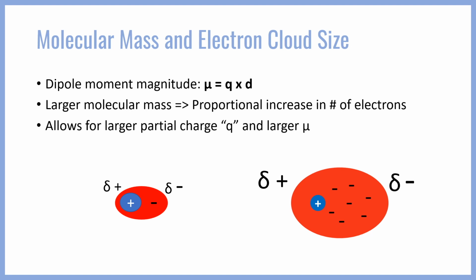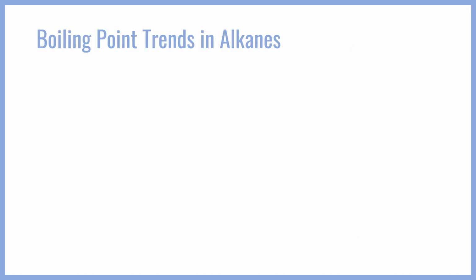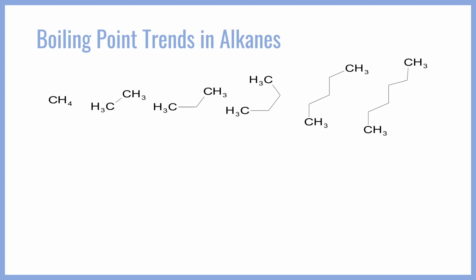So, to sum it up, the larger electron cloud allows for a stronger dipole moment to be created by probabilistic skewing because it allows a larger charge to develop, which ultimately leads to stronger electric interactions between molecules, that is, stronger London dispersion forces.